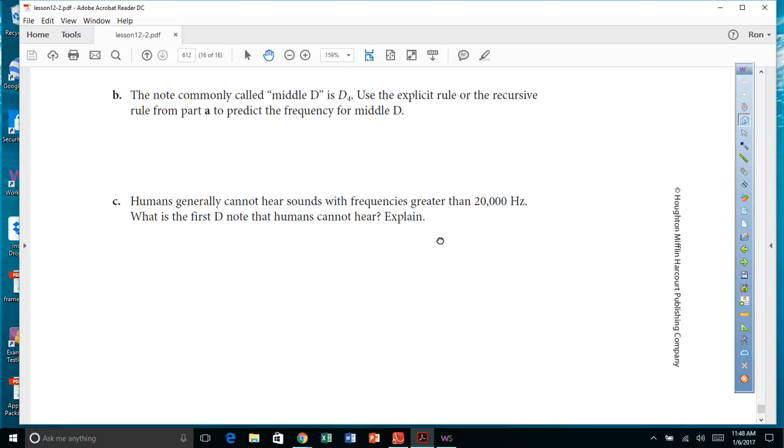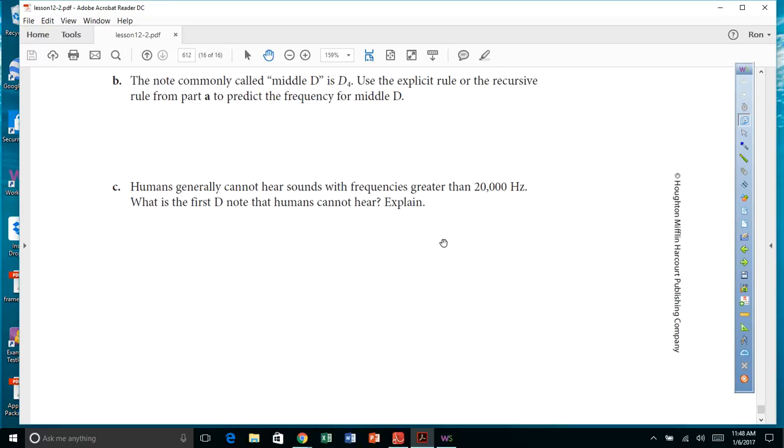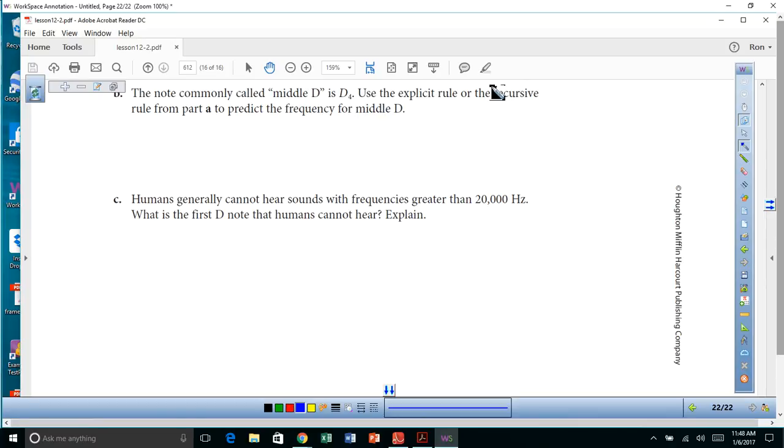B, the note commonly called middle D is D sub 4. Use the explicit rule or the recursive rule from part A to predict the frequency for middle D. So F of 4 equals 18.35 times 2 to the 4th power.